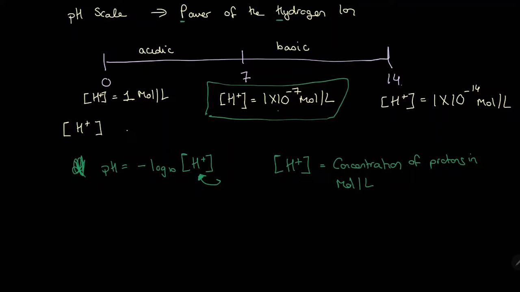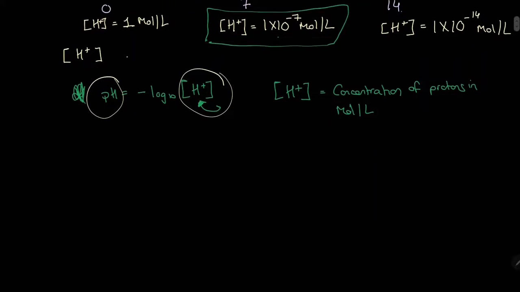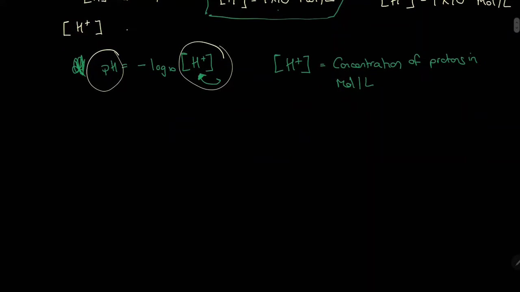That should tell us what the pH of the solution is. We're going to look at a few calculations where we want to figure out either the pH or the concentration of protons in the solution. We're going to take up a few examples now, using this formula right here.